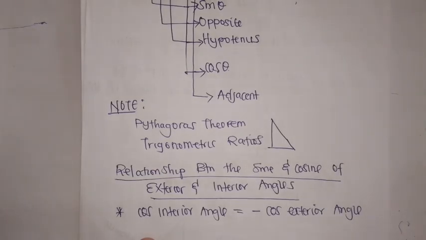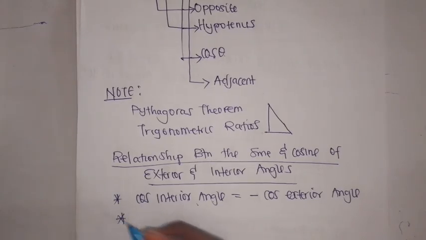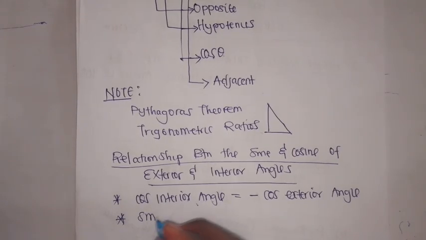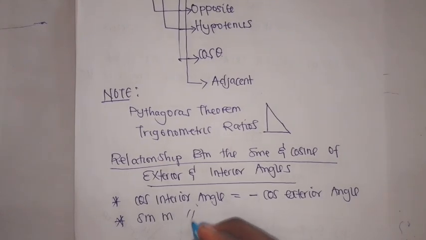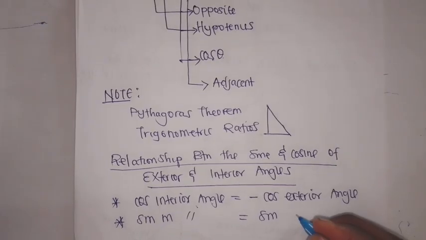Positive cos interior angle is equal to negative cos exterior angle. What about sine? Positive sine interior angle is equal to positive sine exterior angle.